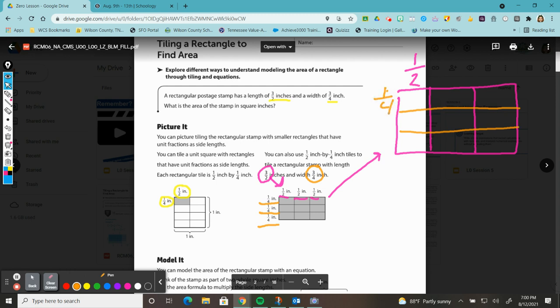So we have 1/4 3 times. If I know that area is length times width or side times side, I can now say 1/2 times 1/4. That will give me the area of one little box.